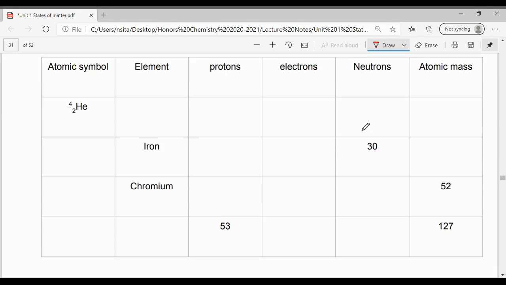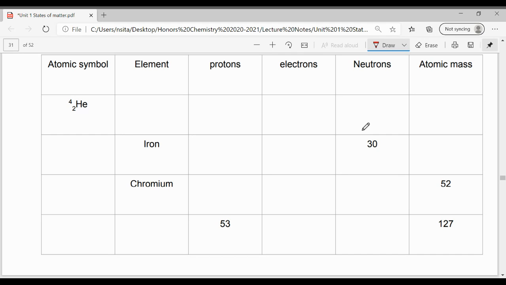Okay. So let's take a look at this really quickly. We have helium. He is helium. You can write this down. The number of protons is 2. Now, because it's a neutral atom, if you have 2 positive, you have to have 2 negative. The number of neutrons, 4 subtract 2, is 2, and the atomic mass is 4.